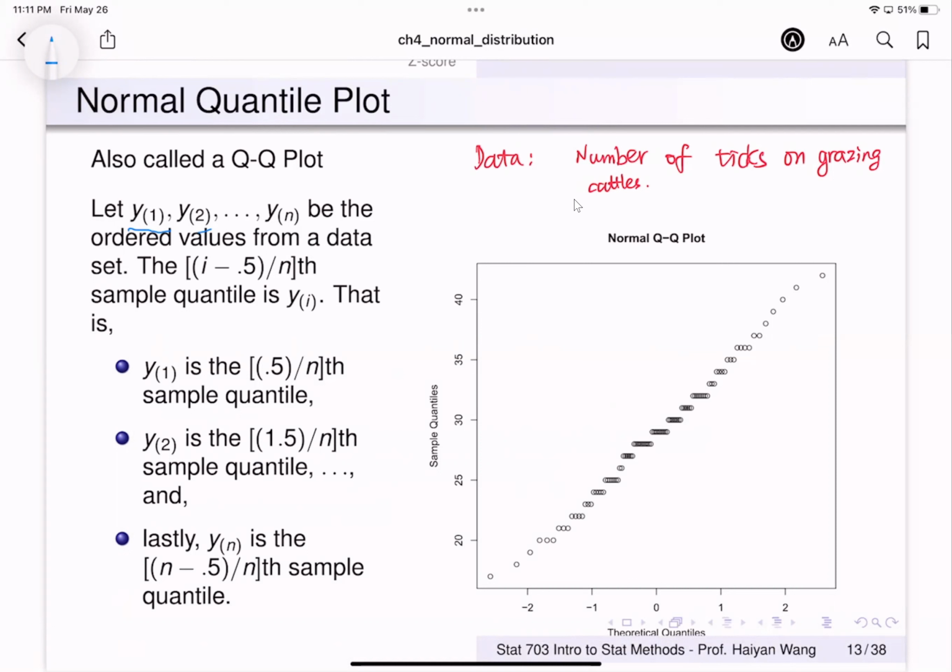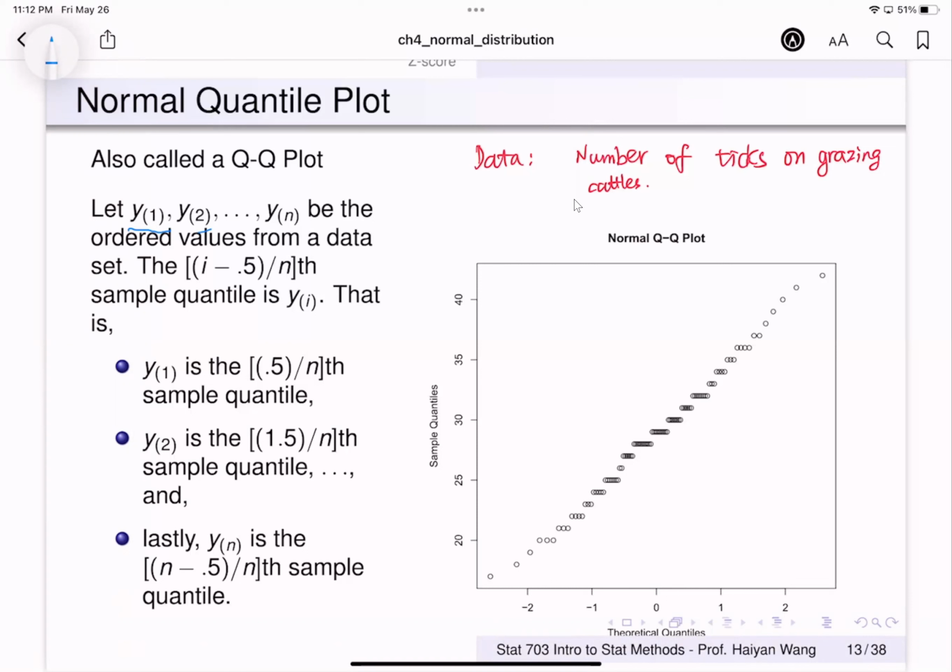Each one represents around 1 over n in terms of separation between the first and the second. That distance is roughly about 1 over n, and this 1 over n is basically about what proportion each one represents.